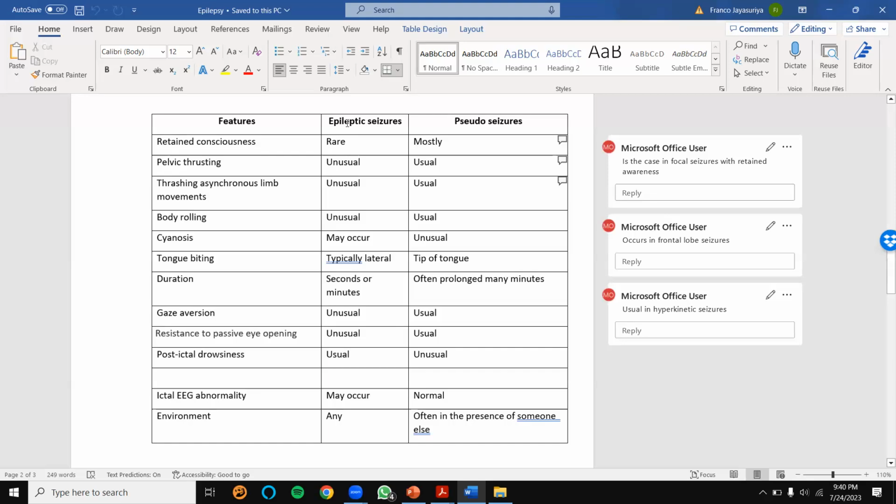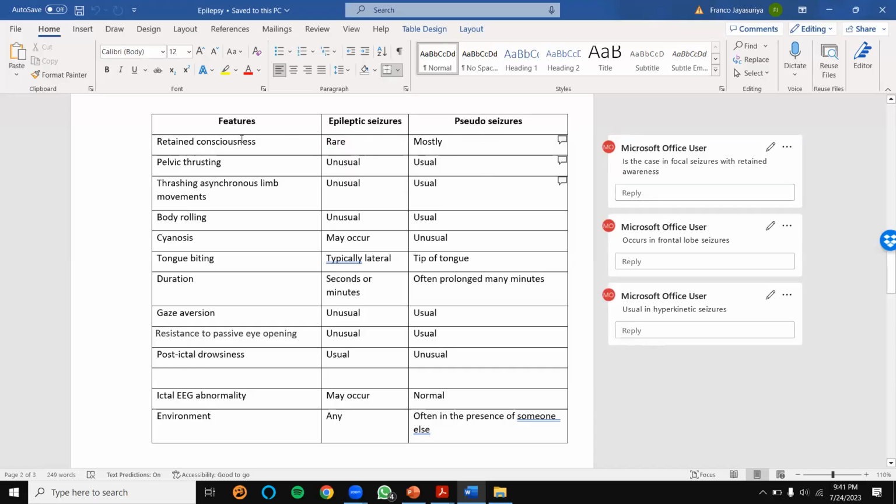So yeah, epileptic seizure and pseudoseizure, that's when they tend to fake. So consciousness. Retained consciousness can be rare. Okay, so loss of consciousness is much more common in a true seizure than a pseudoseizure. They tend to retain the consciousness because they're faking it, right?